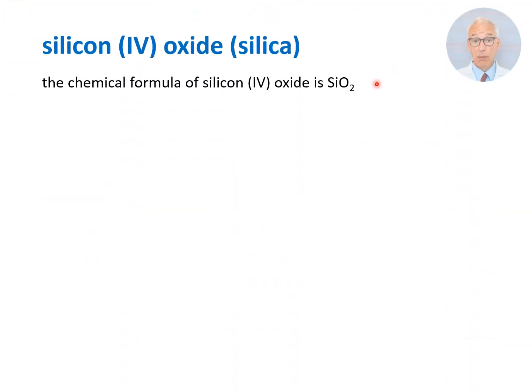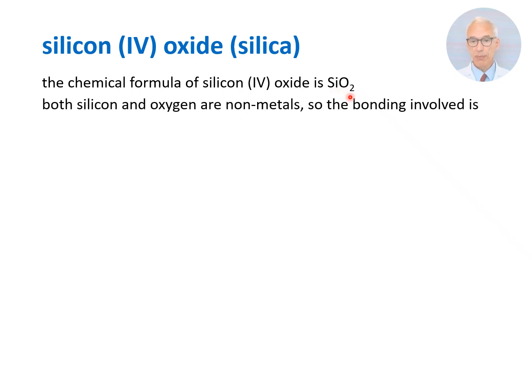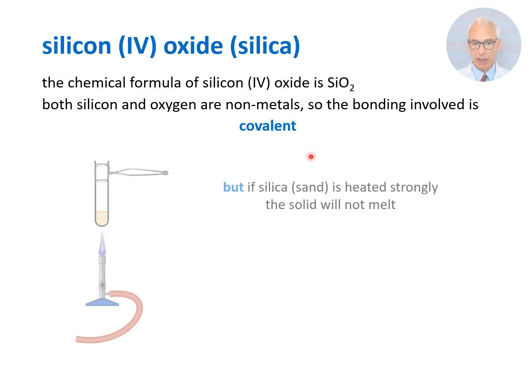The chemical formula of silicon 4-oxide is SiO2. Silicon is a nonmetal, oxygen is a nonmetal. So we would expect the bonding to be covalent, and indeed it is. However, if silica is heated strongly, the solid will not melt. You may have done this in the laboratory.